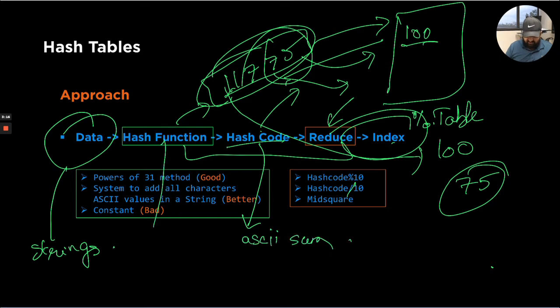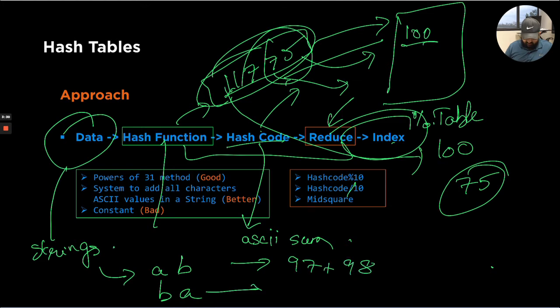If within this hash function we pass in two strings, AB and BA, the first would yield 97 plus 98, and the one below would yield 98 plus 97. So we would get 195 for both of them.